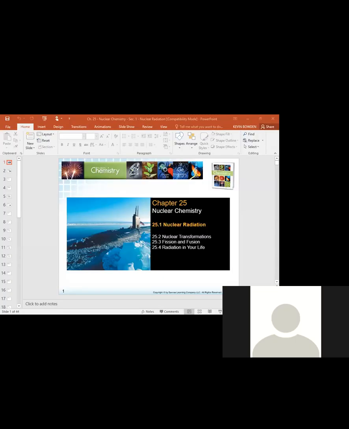Unit 2 now. We'll be going through a bit more quickly. And we'll be looking at the nucleus. Well, the nucleus is always around. But when you're looking at what happens with the nucleus, you're going to be dealing with things like protons and neutrons.